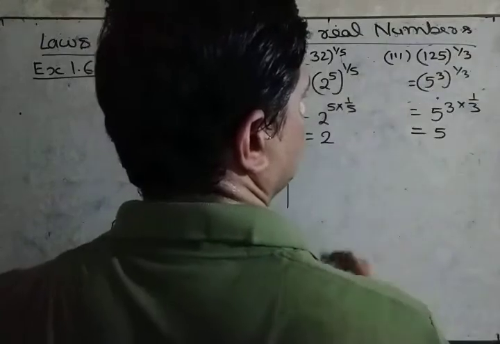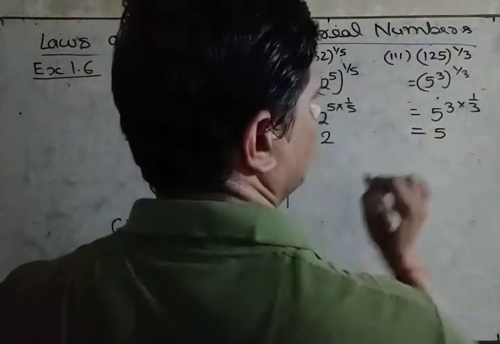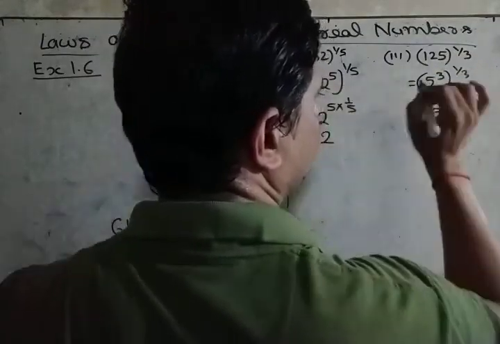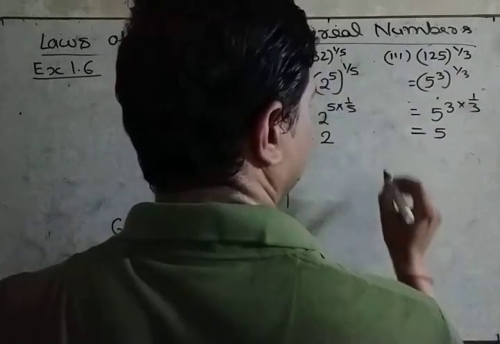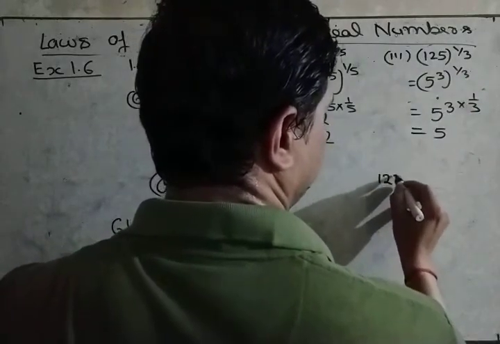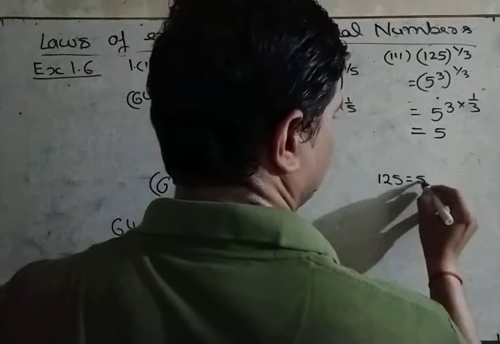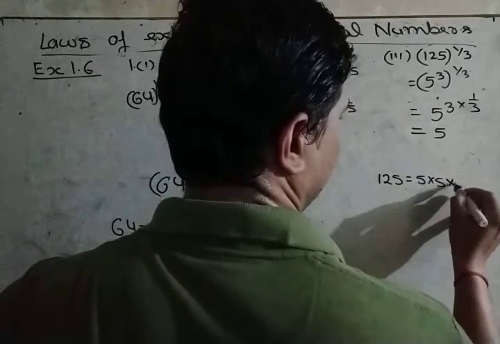Some of you are thinking why I have written like this. So you can add one more step in between. 25 can be written as 5 into 5 into 5.